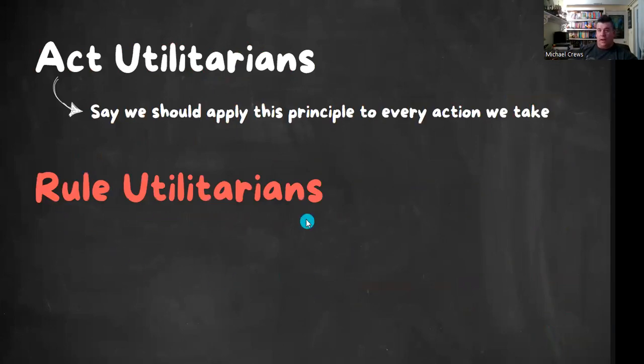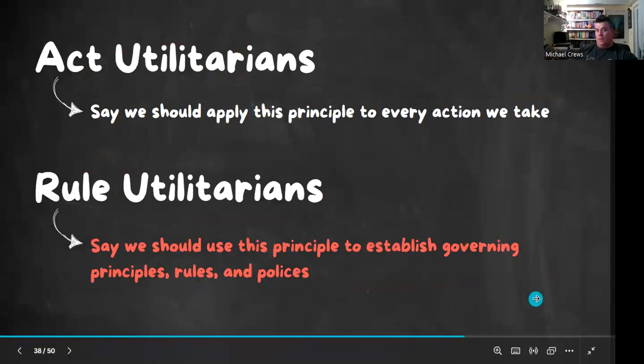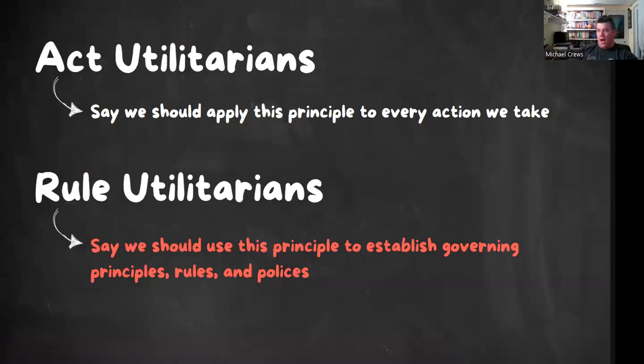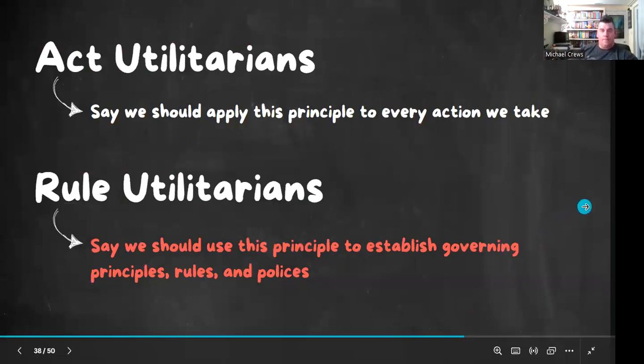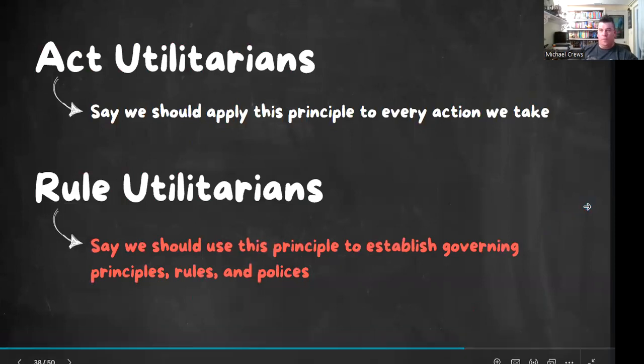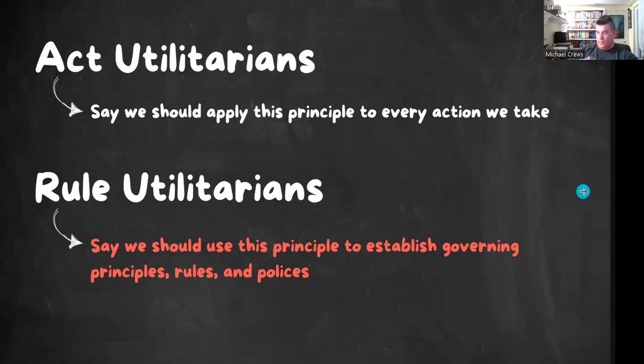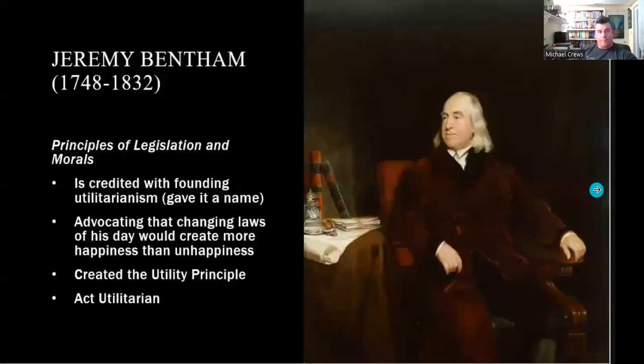There's also rule utilitarianism, which is not the one we're applying this week. They say we should use this general principle to establish governing principles, rules, and policies that create an aggregate good, or happiness, in the group. It's different, but we're doing act utilitarianism because it's easier to deal with the numbers.